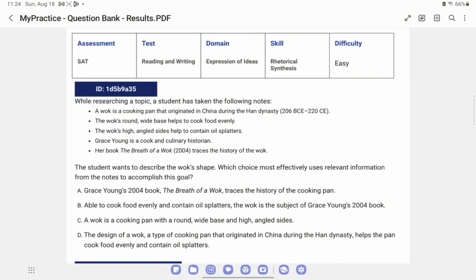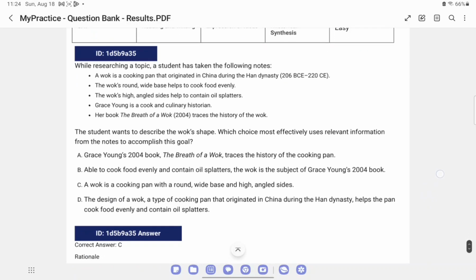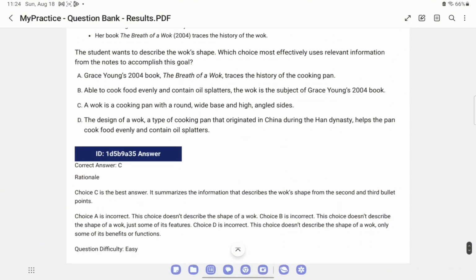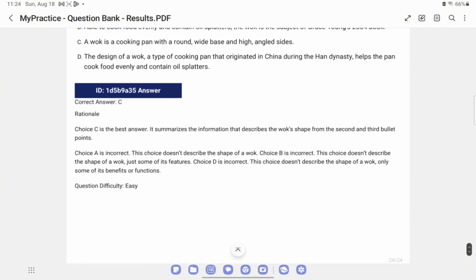D talks about the design of it and how it helps the pan cook food well, but it's not talking about the shape itself, you know. But I think it could be really tricky because you may think, oh, it's D. Anyways, that's it.